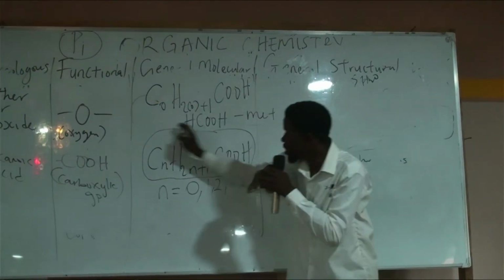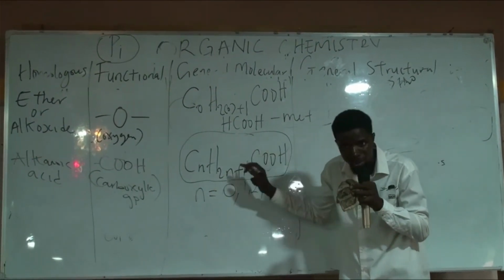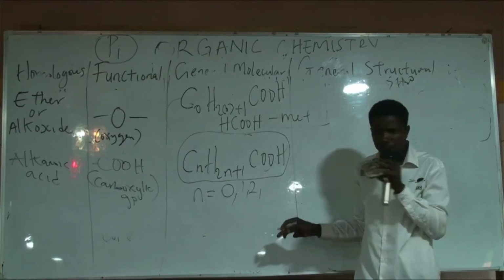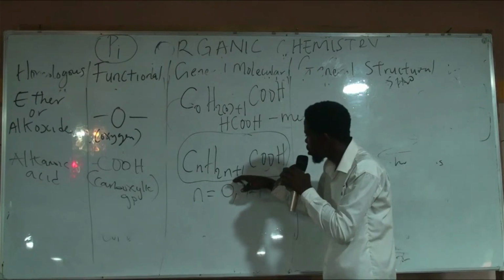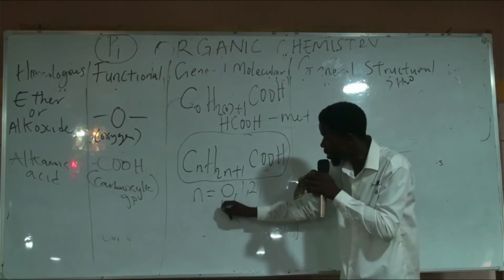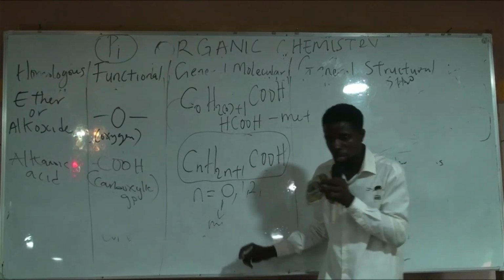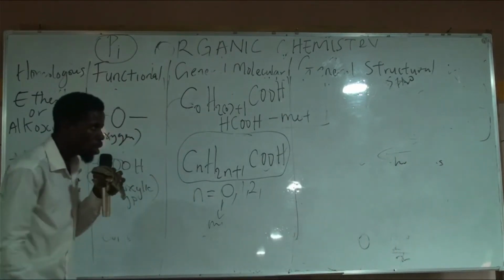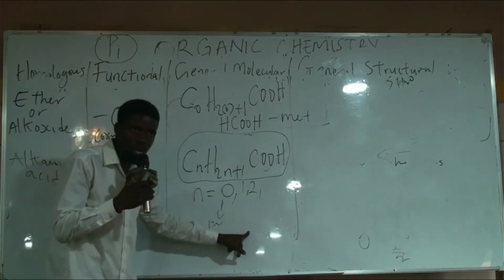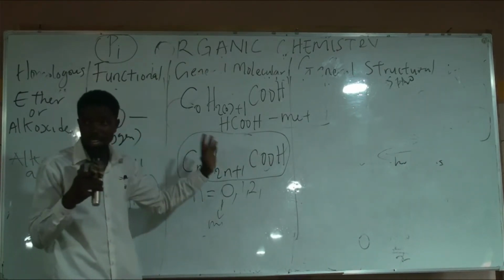So you have CnH2n+1COOH, where n starts from 0. If n is 0, you have 1 carbon. If n is 1, you have 2 carbons. You will find that out as we go on.